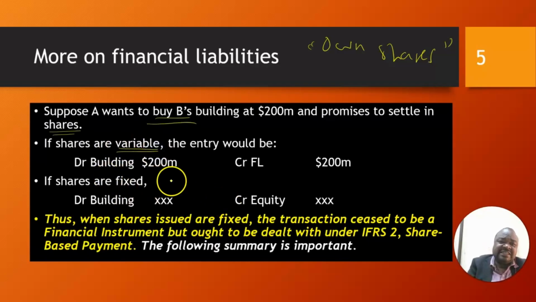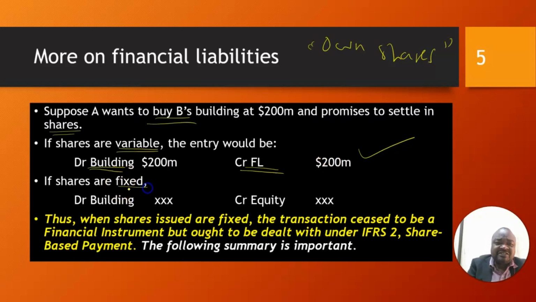In that case, A is going to debit the building because he's buying the building and credit financial liability. As long as the shares are going to be variable, then it becomes, in substance, a financial liability, which is under IFRS 9.